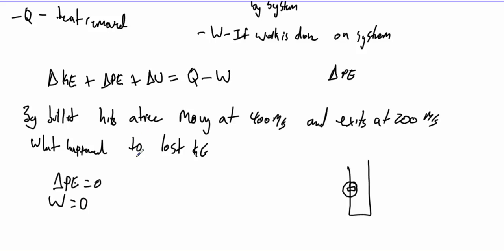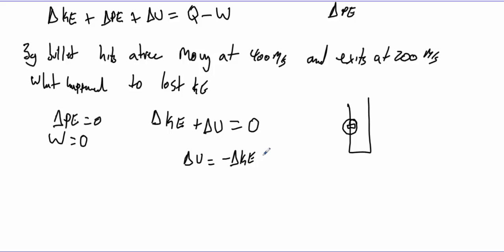So this leads us to the change in kinetic energy plus the change in internal energy is equal to zero, which just basically means the change in internal energy is equal to the negative of the change in kinetic energy. Well, it's easy to find the change in kinetic energy.